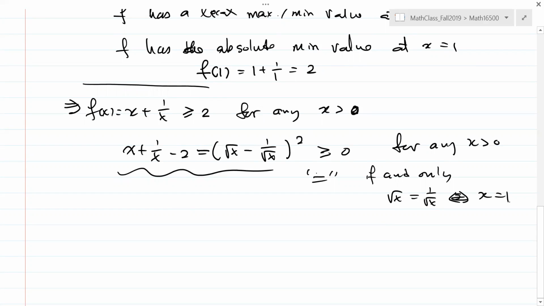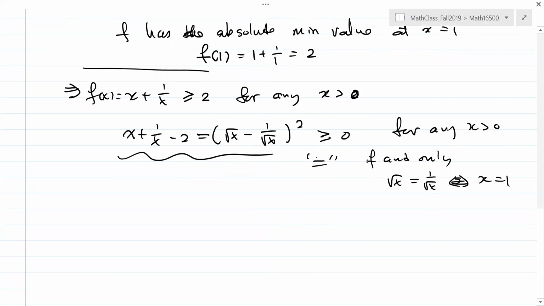All right, so did I give you the definition of the absolute maximum? Absolute minimum value, yeah. If you know the definition of absolute minimum value, then same idea, you can define the absolute maximum value. Okay, here's the definition of absolute maximum value.